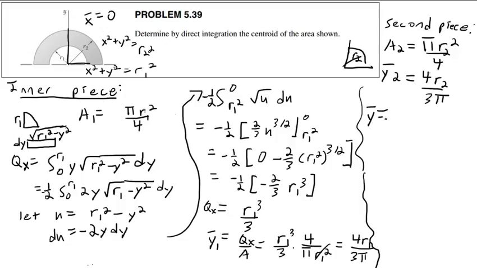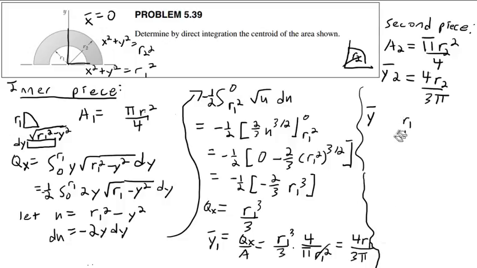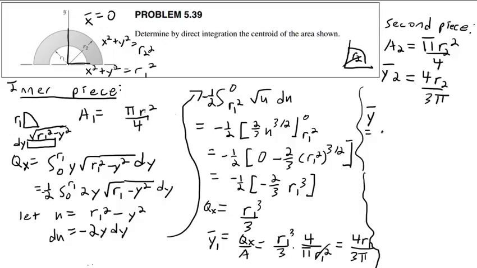All right, so let's think about this. Y bar equals, I'm going to try to write small, 4 R1 over 3 pi.